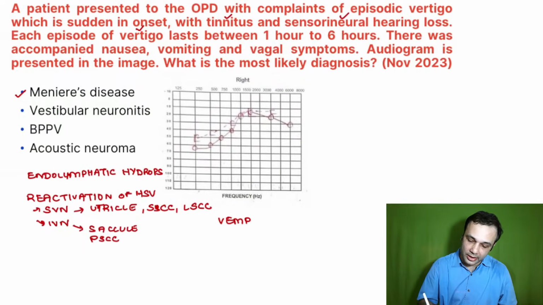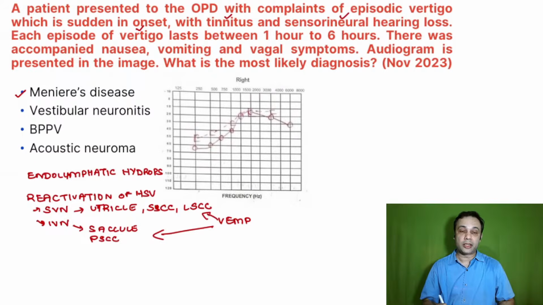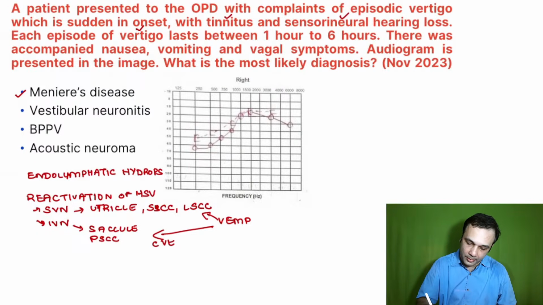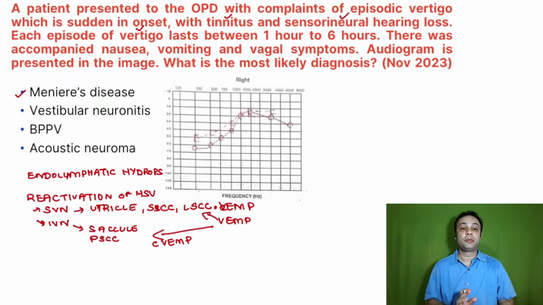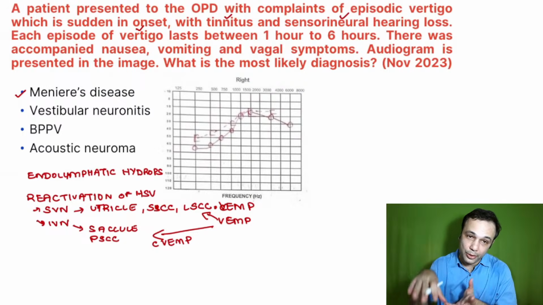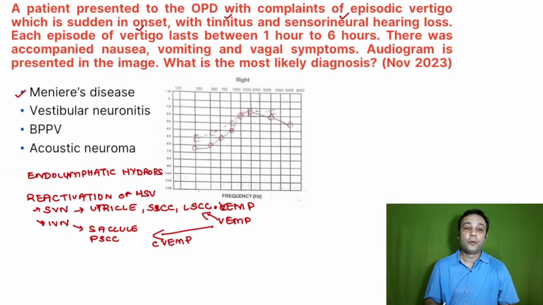So this investigation tests these two important areas. You have the cervical VEMP, which tests the inferior vestibular nerve component, and the ocular VEMP, which tests the superior vestibular nerve component. Right? So I drifted away to VEMP, but let's come back to vestibular neuronitis.